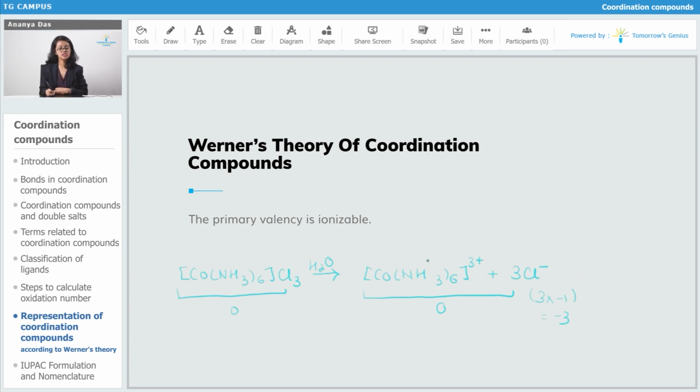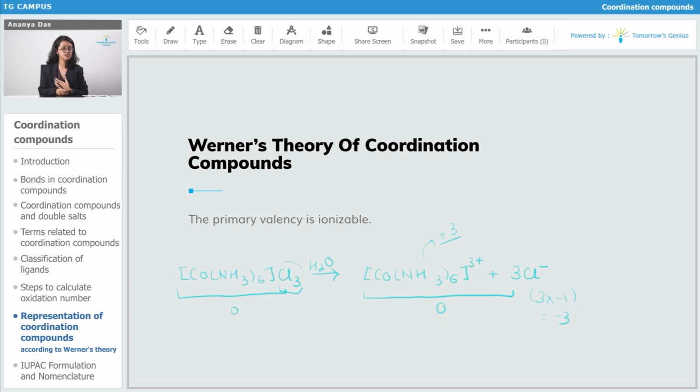So on this complex the charge has to be plus 3. This is what he means by the primary valency being ionizable, that is, whatever ligands are present outside the complex are ionized when you put the complex in water.